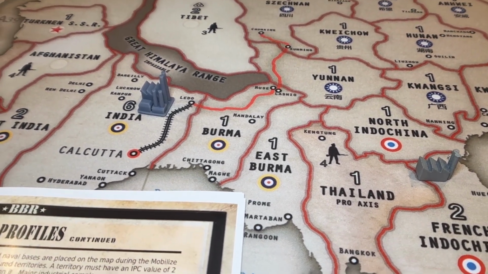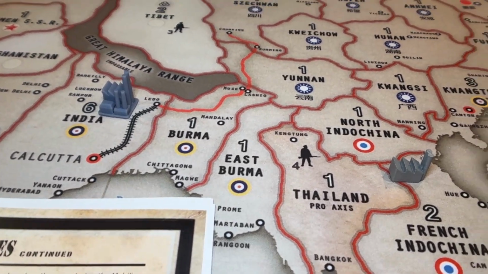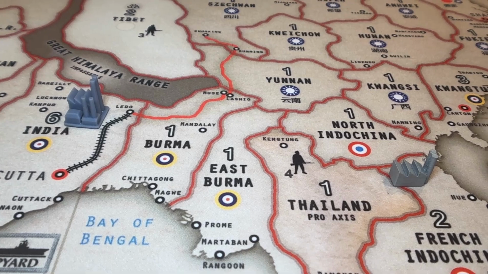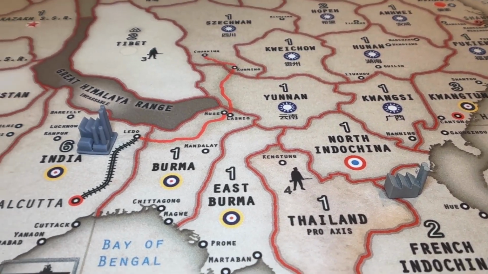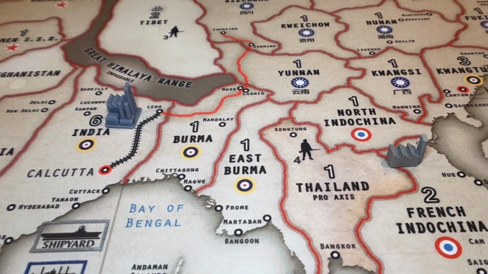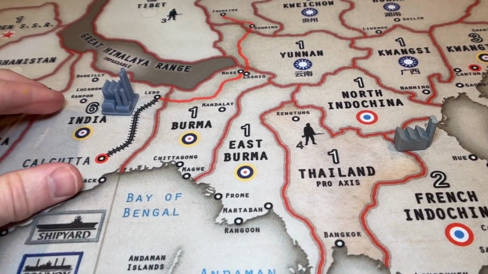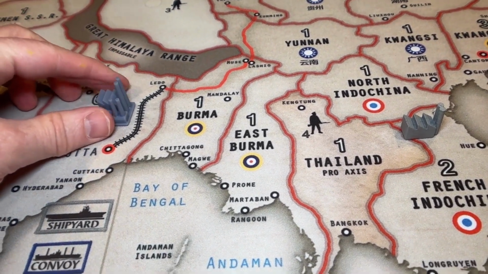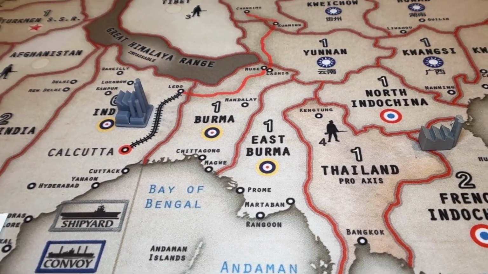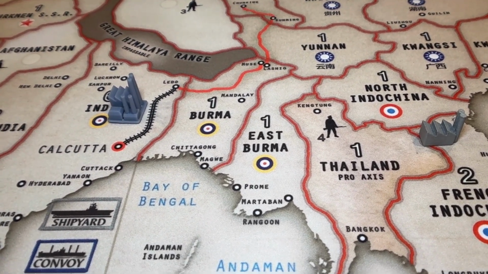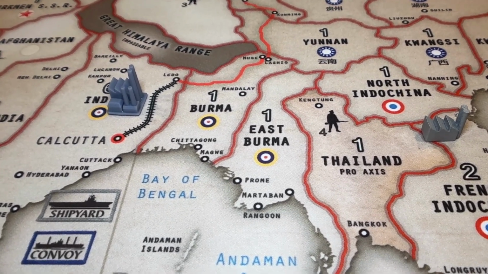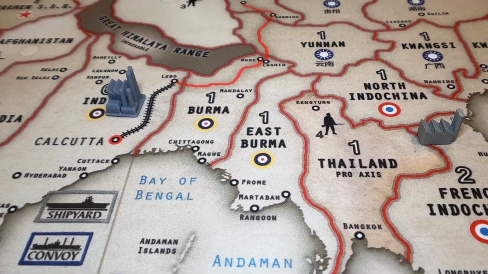What's interesting about both, though, under the BBR rules is a new rule called integrated railways. What does that mean? So it means that every time you have one of these factories, whether it's major or minor, they automatically come with these unseen railway connections that emanate out from the factories in every direction for 3 spaces.